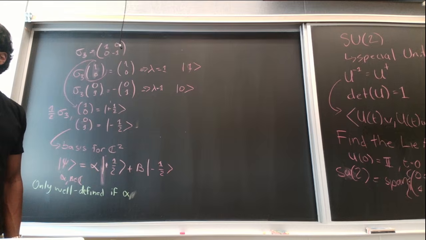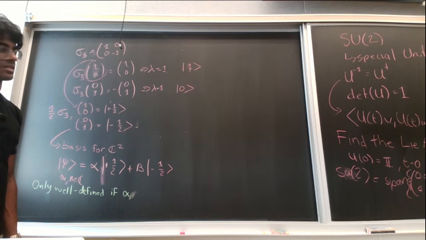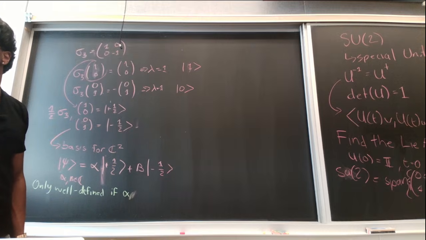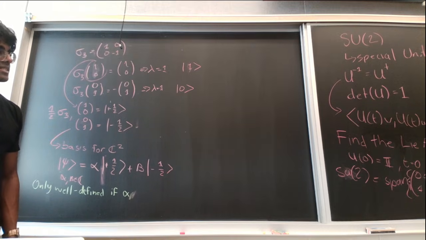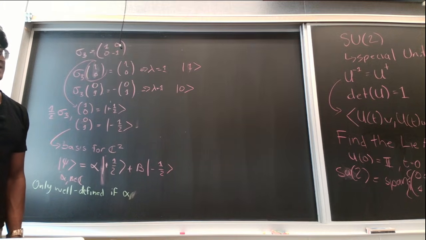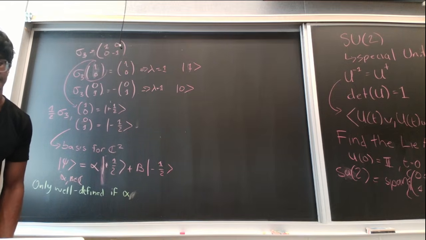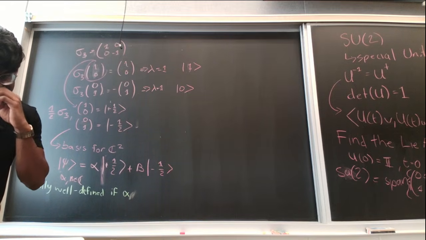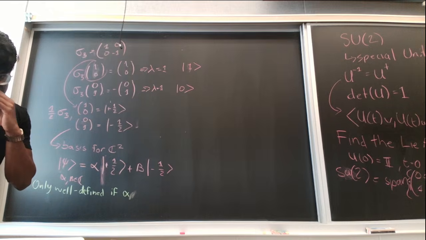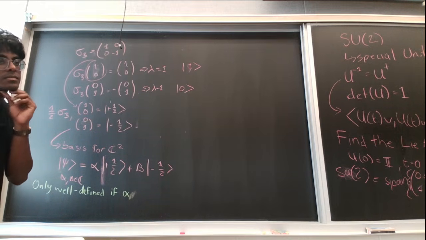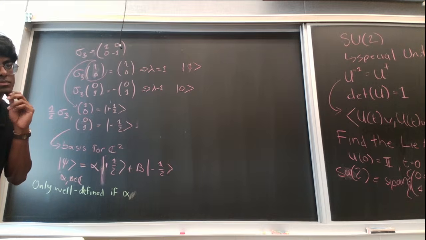In one basis, one of them is diagonal, where the eigenvalues are different, and the other ones aren't. One is diagonal with different eigenvalues, and the other ones are not diagonal. So you probably can't diagonalize them.